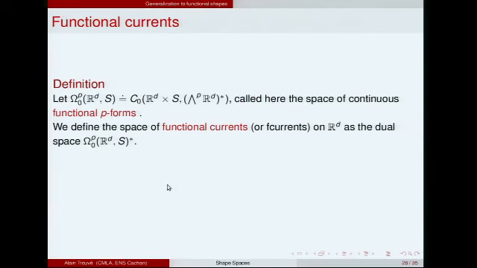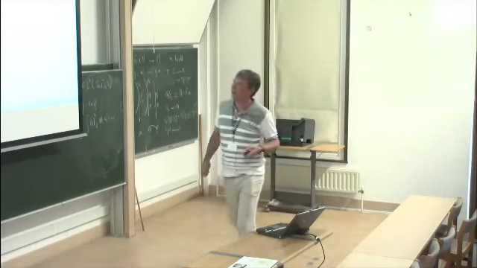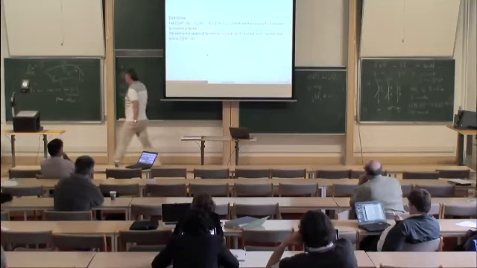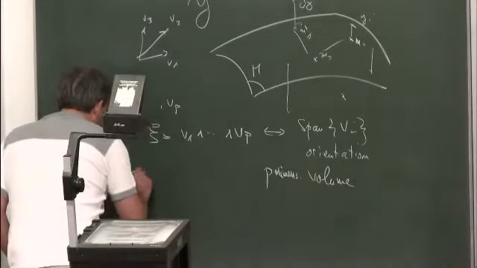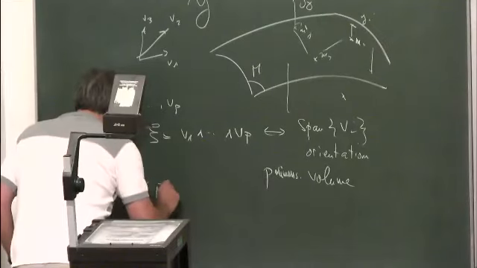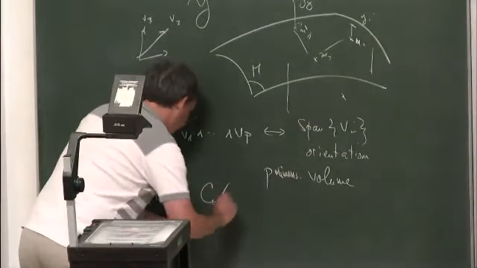At least for this talk, I will call a functional p-form something which is a continuous thing: for each point on the space and on the signal space, I define a linear form on p vectors. So just to remember, the space of continuous p-forms is just this.